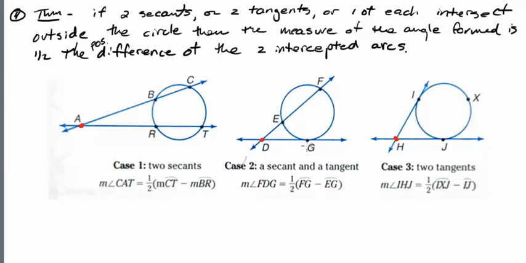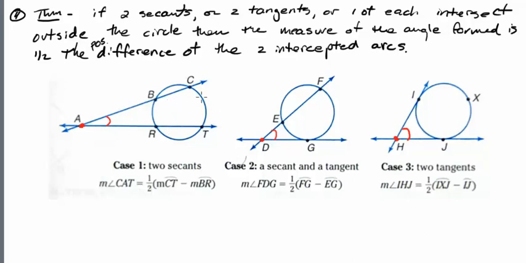Now the angle that is formed, with the point outside of the circle being the vertex. So here we're talking about angle A, in the middle example, angle D, and in the last example, angle H. That angle is equal to half the positive difference.